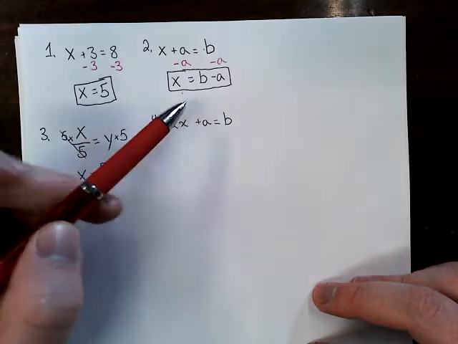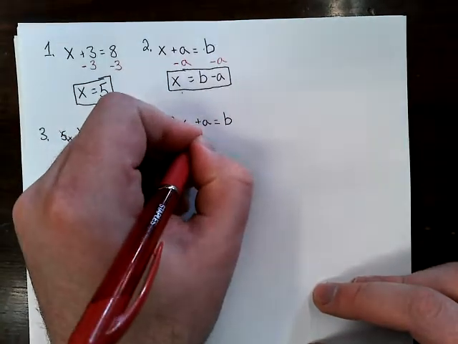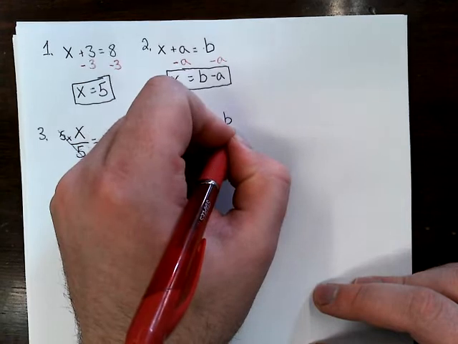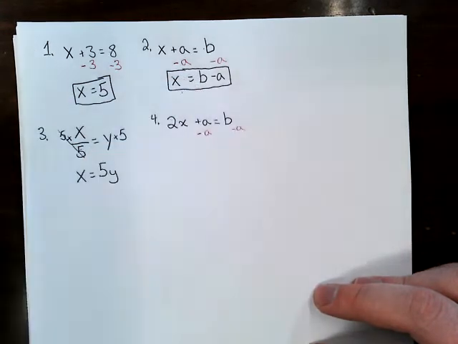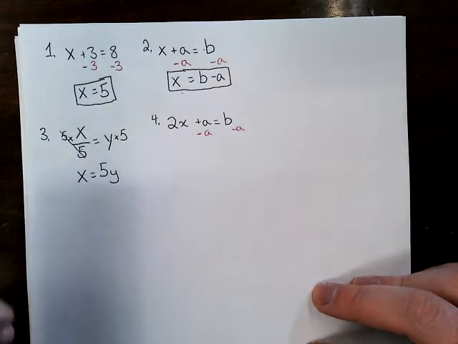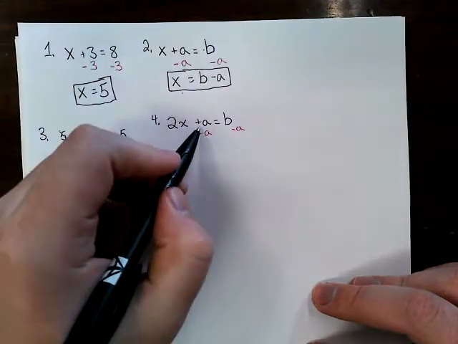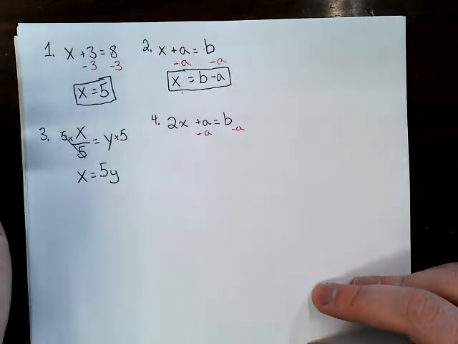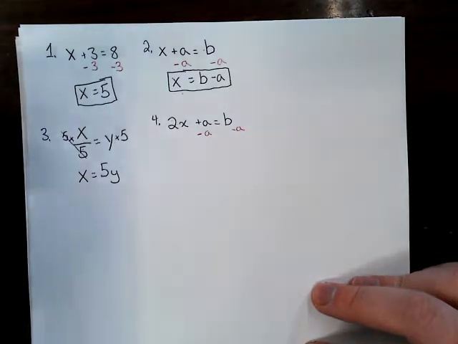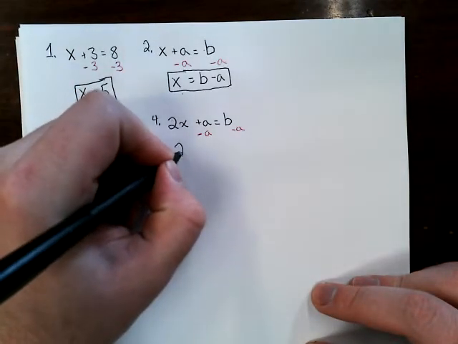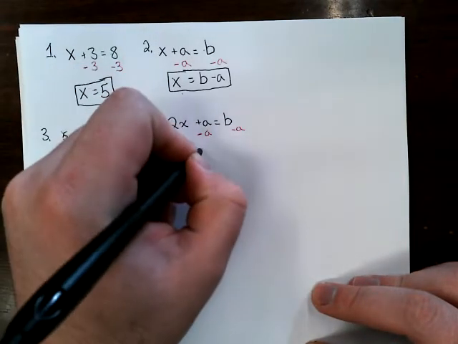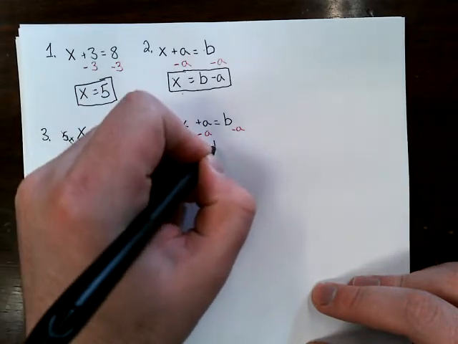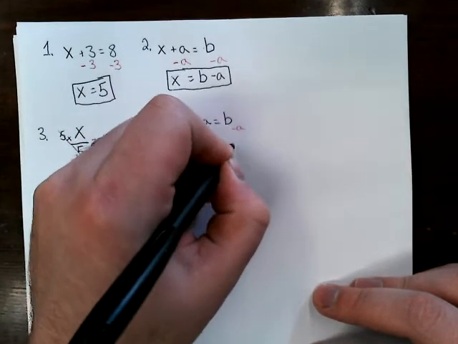So let's get rid of this a by subtracting a from both sides, and subtract a. Now I'm going to rewrite my equation. So it's 2x plus a minus a, which gives us 0. I'm not going to write the 0, so we're just going to have 2x is equal to b minus a.